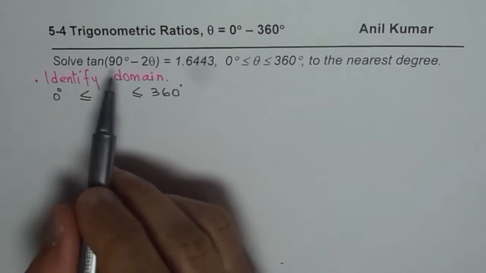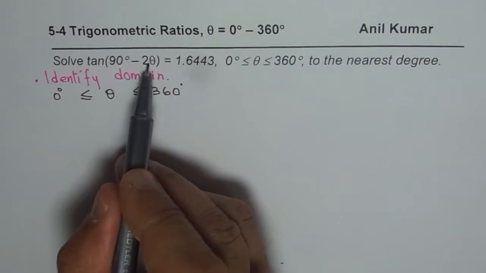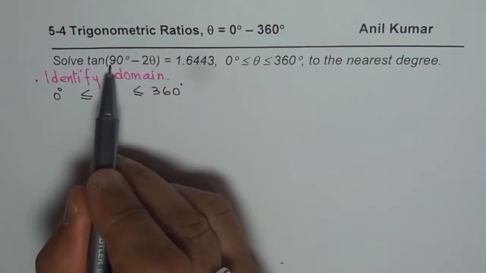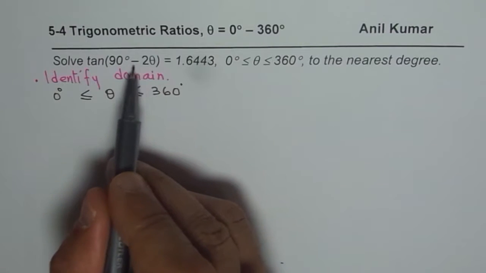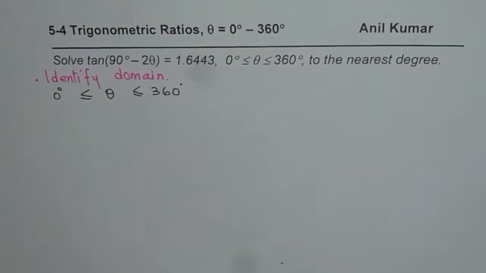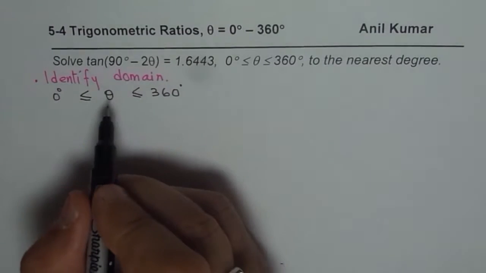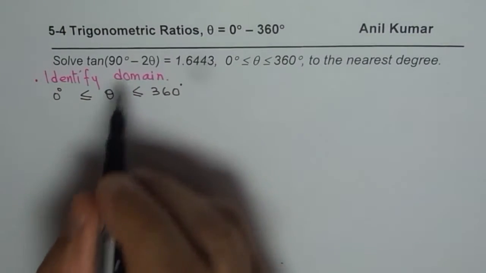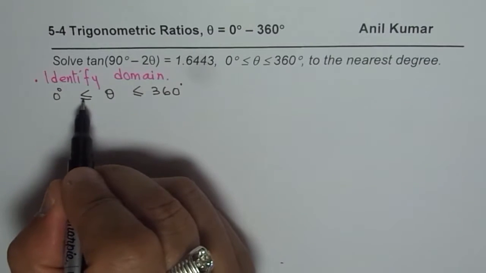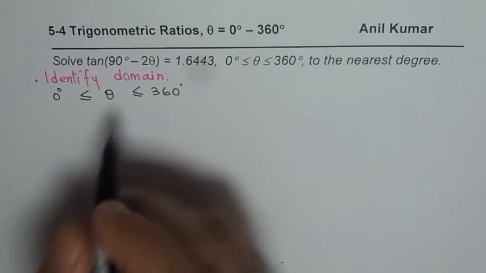What we need is 90 degrees minus 2 theta. What is the domain for this 90 degrees minus 2 theta? How do we get that? The steps involved are, first you multiply this by minus 2. As soon as you multiply by minus 2, the inequalities will also change.